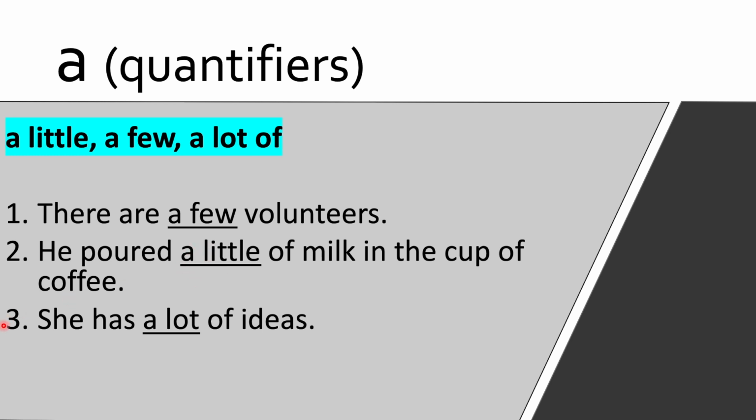Okay, and then 3, she has a lot of ideas. So a lot of, automatic because it's a quantifier. Okay, a lot of means many. So it's followed by plural countable noun. Okay, like cars, a lot of cars, a lot of medicines, a lot of books, a lot of items. So this is in addition to the usage of the article A. Okay?